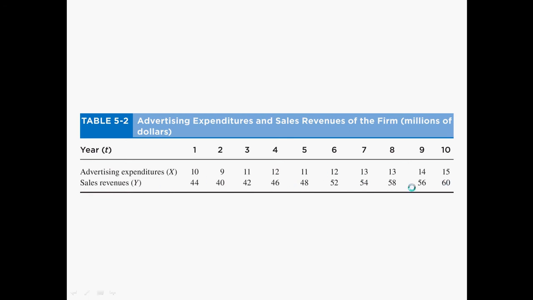So here you might be interested in, if we increase advertising expenditures, how does that affect sales? But again, that's assuming that demand is always the same function of advertising expenditures and of other factors in the market.